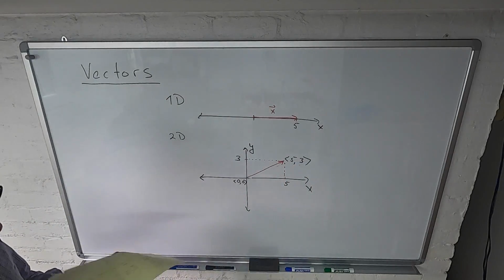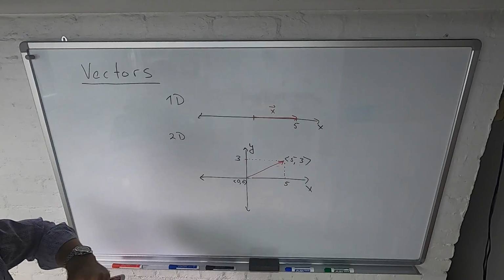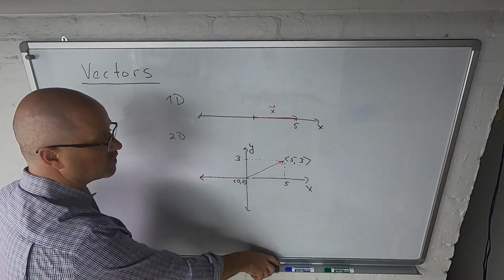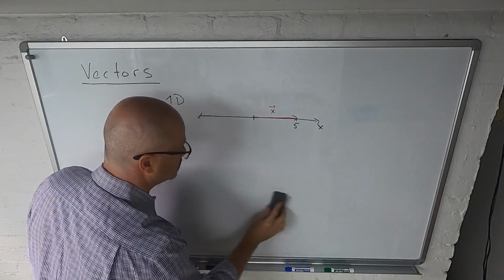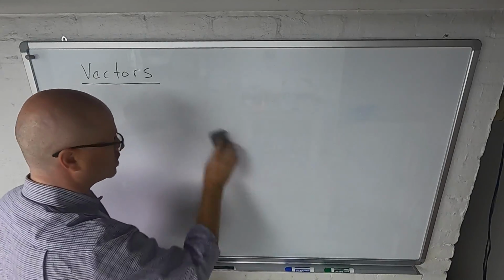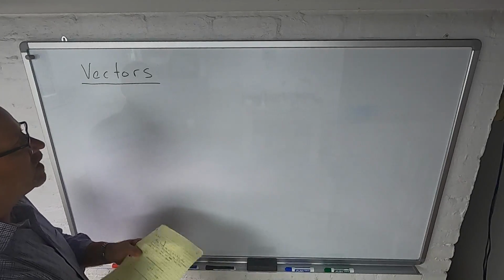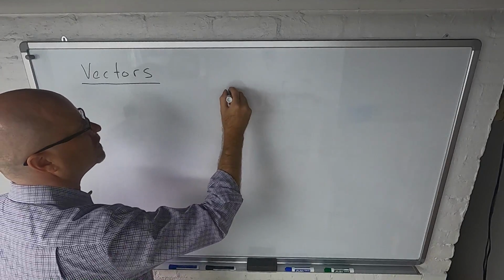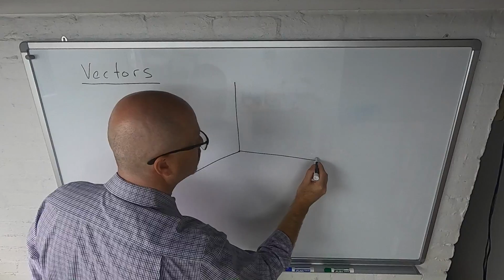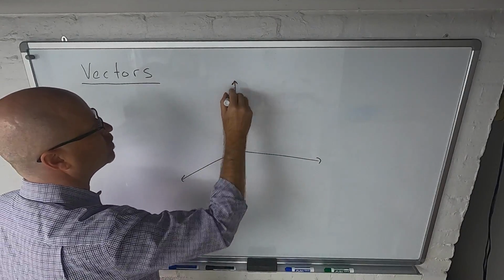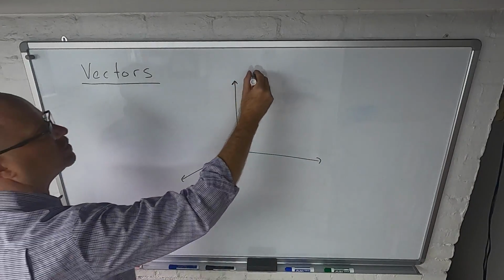Now, we mostly are going to work in 2 and 3 dimensions, and so in 3 dimensions, this looks a little bit different. We still have our coordinate system, but now we go to a 3-dimensional representation of our points in space, and we work in what's called a right-handed coordinate system.